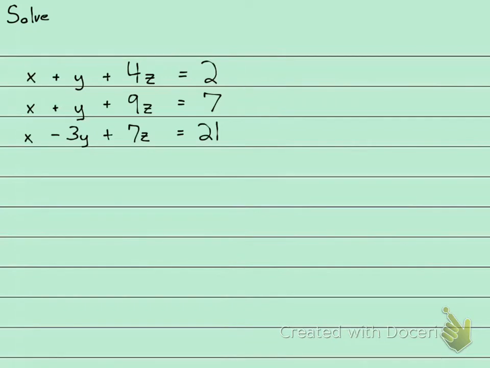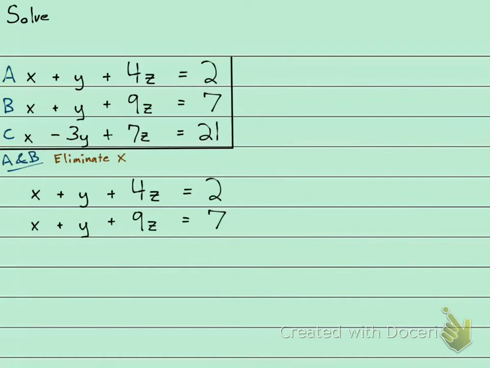Let me label the equations. This is equation A, equation B, and equation C. The first thing I'm going to do is take equations A and B and try to eliminate a variable. I've decided to eliminate the x's. If I add these two equations right now, would my x's eliminate?